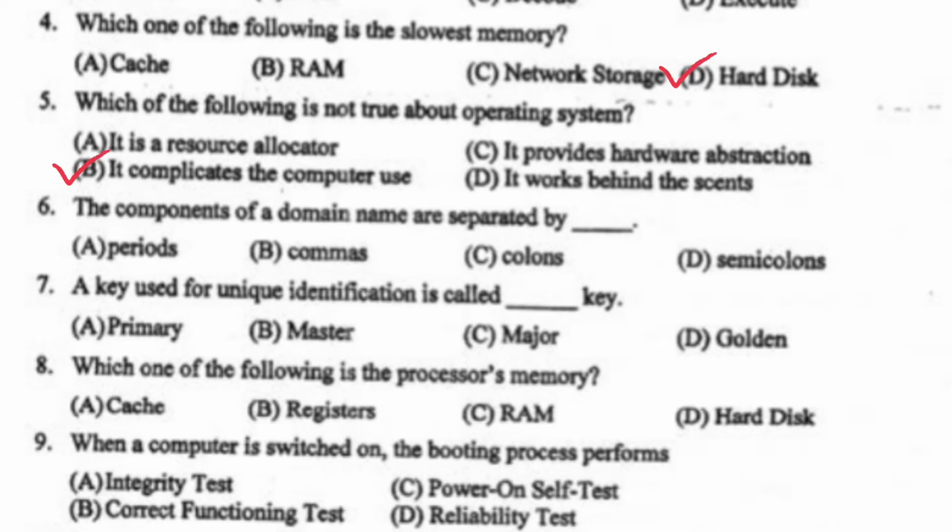It complicates the computer use. The components of a domain name are separated by periods. A key used for unique identification is called dash key. Primary key. Which one of the following is the processor memory? RAM. When a computer is switched on, the booting process performs power on self-test.